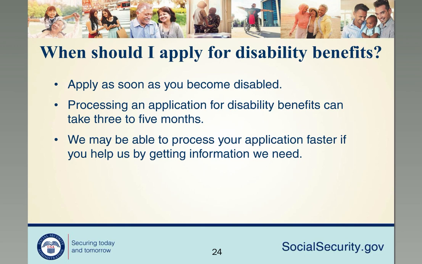Also, you need to provide to us medical information where we can get the proof that they are disabled and unable to work. So we need to have their doctors and hospitals, the doctors' names, hospitals' names, addresses, dates that they would have been there, so that we can right away get that information. However, if you have any medical evidence and you can submit that with the application, that will speed up the process.